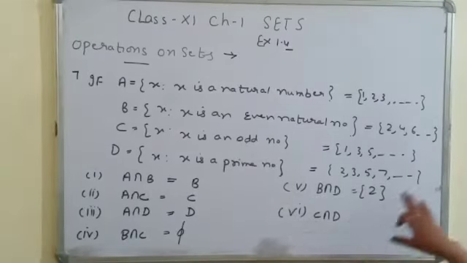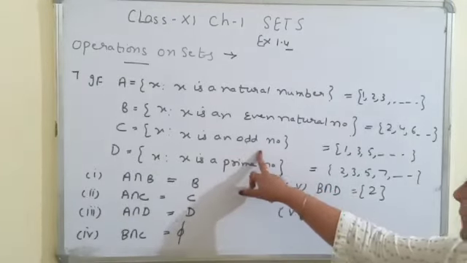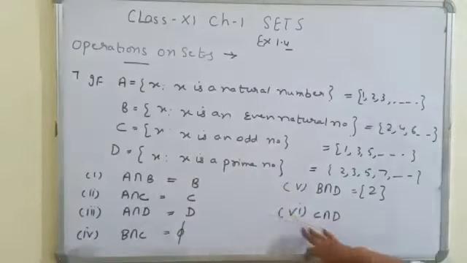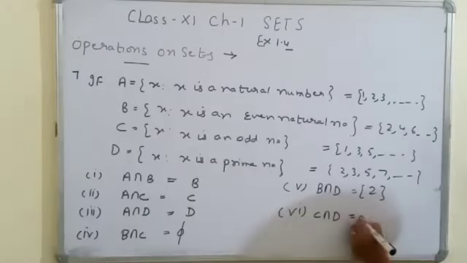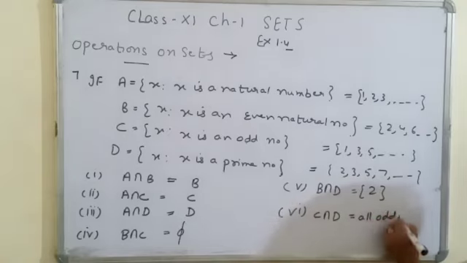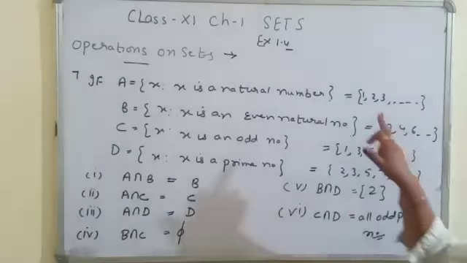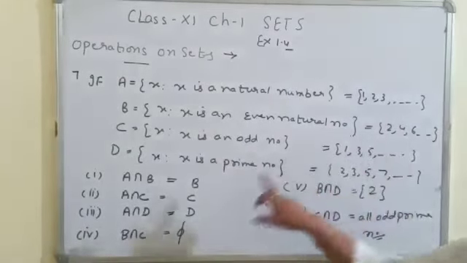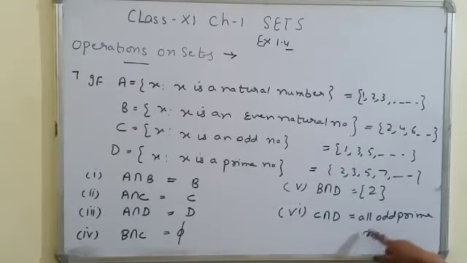Next is C intersection D. C is the collection of all odd numbers and D is the collection of all prime numbers. So the intersection of these two is the collection of all odd prime numbers. Now this was question 7.